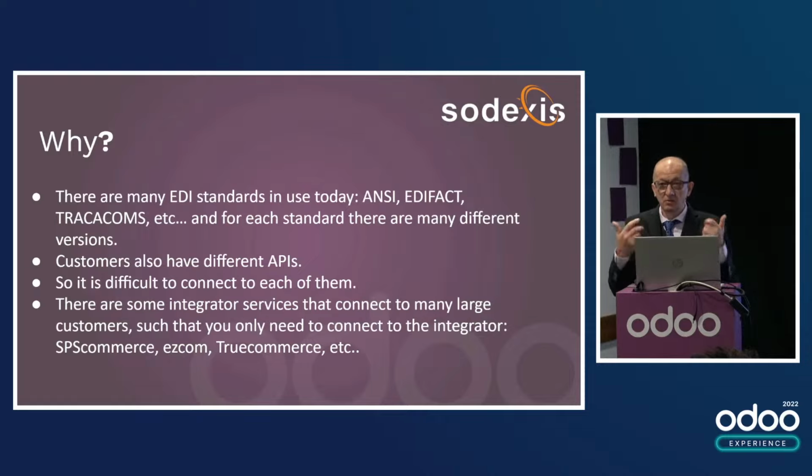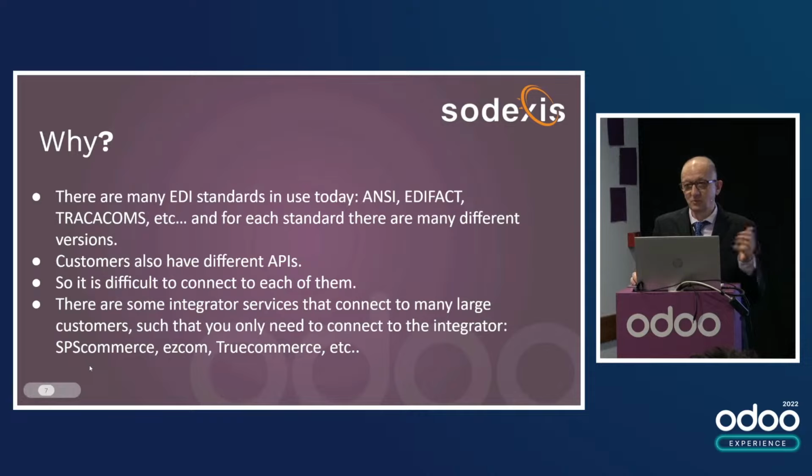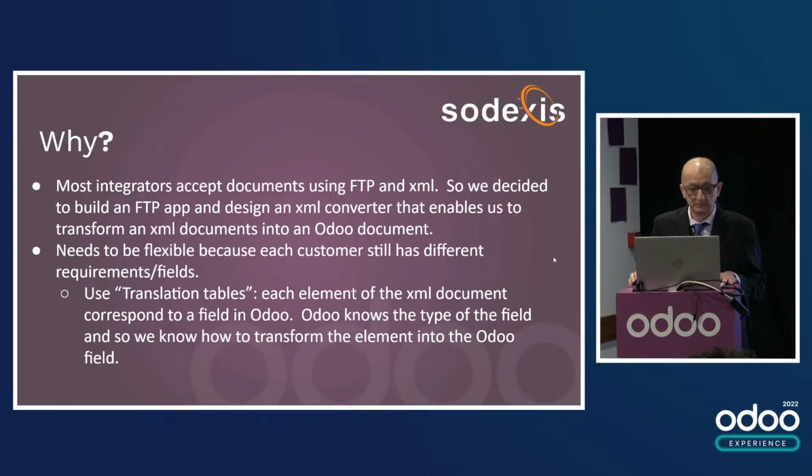You just connect to that integrator, and it makes your life easier. Okay, of course, that's a service, so you have to pay them. Okay, so there's a cost associated with that. Here are some examples of integrators, at least in the US: SPS Commerce, EasyCom, True Commerce, and there are many, many more, okay, doing that type of service, okay?